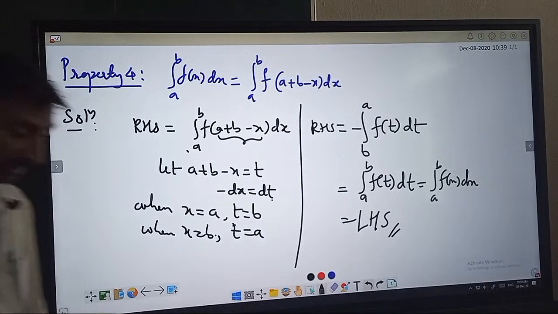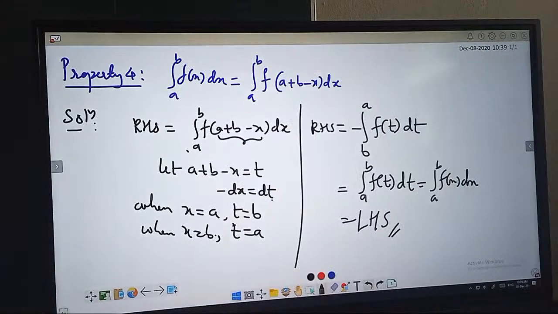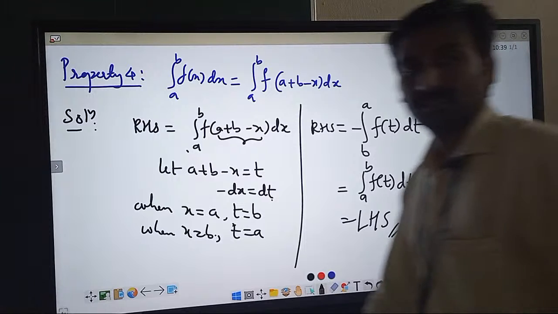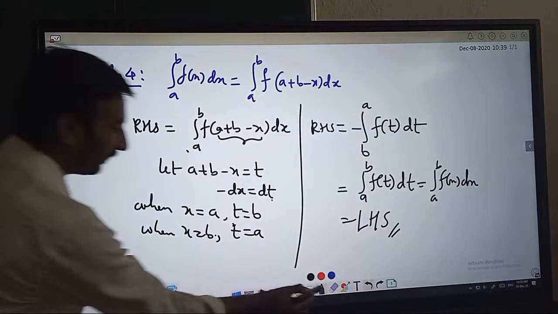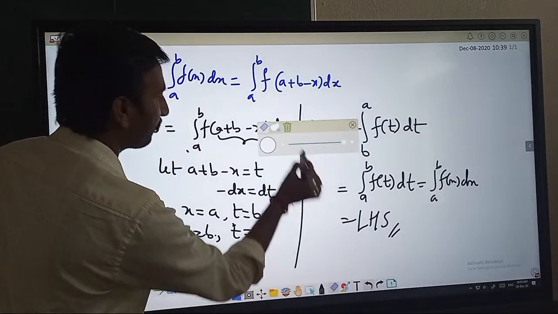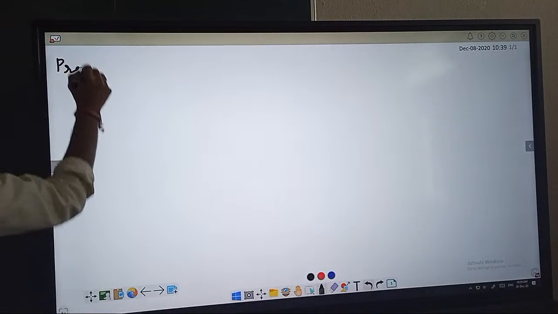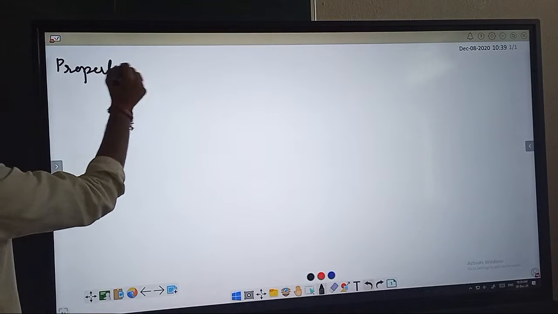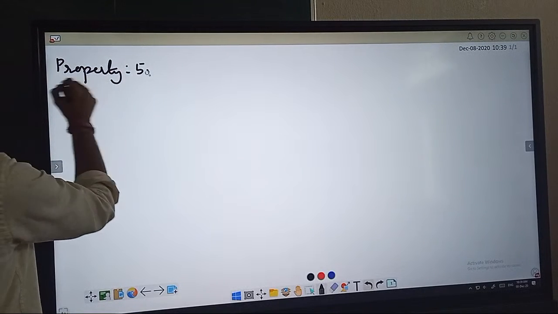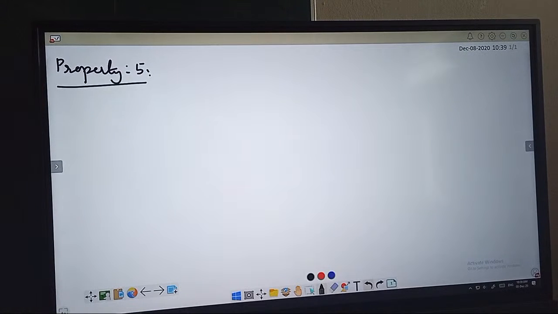Next, property number 5. Yes, shall we go for property number 5? Now look at this. So property number 1. Property number 5. Yes.